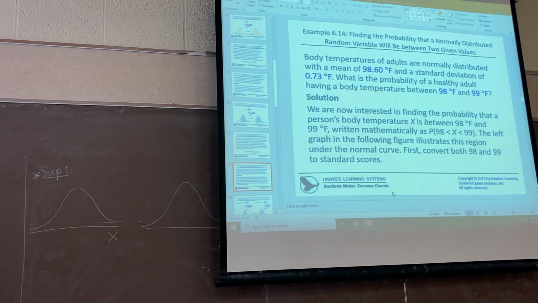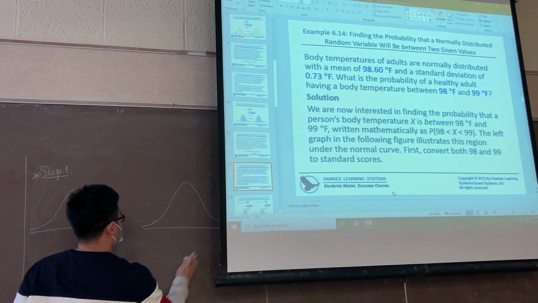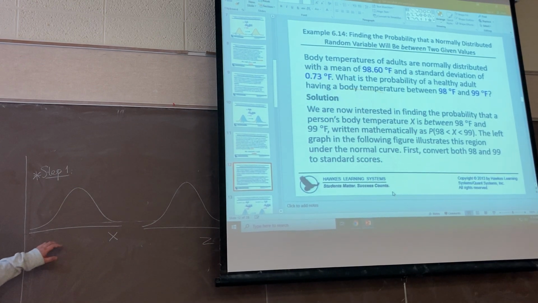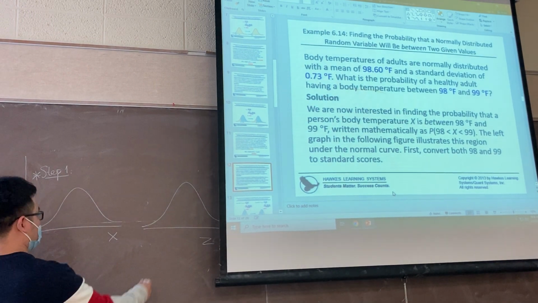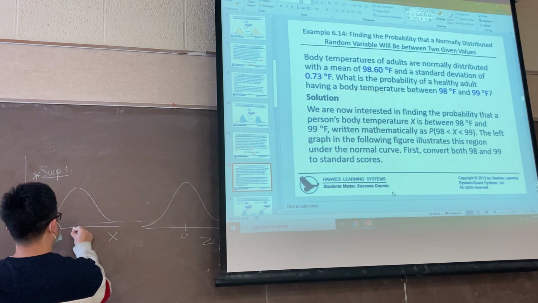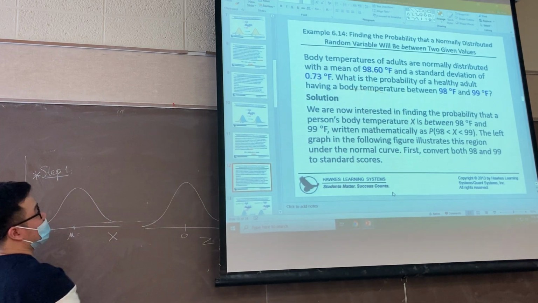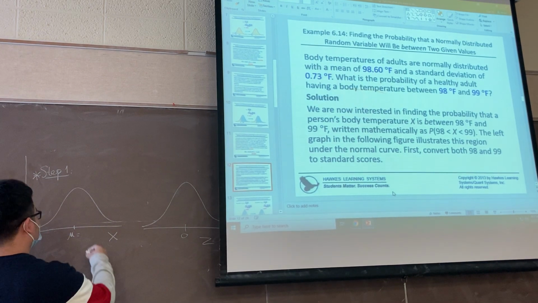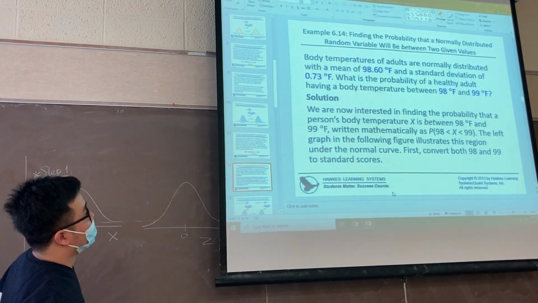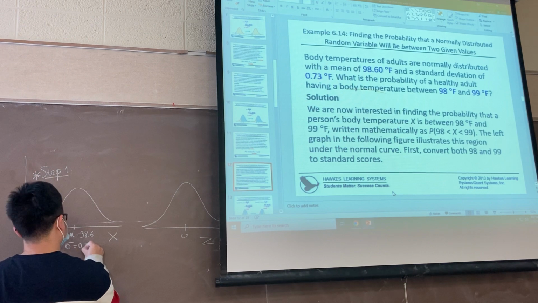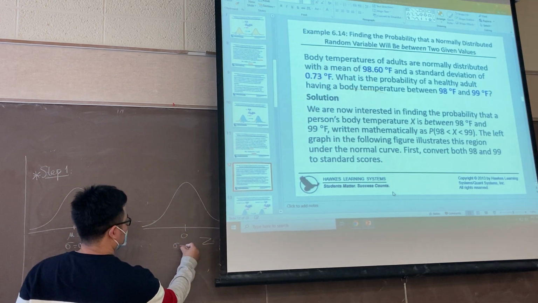Okay, you can see. And here is the normal distribution. Here is the standard normal distribution. The mean here is 0, and the mu here is 98.6, right? And the sigma here is 1.